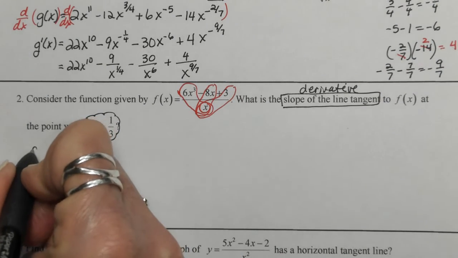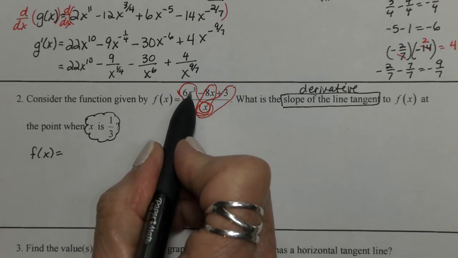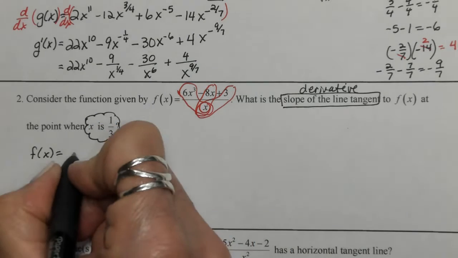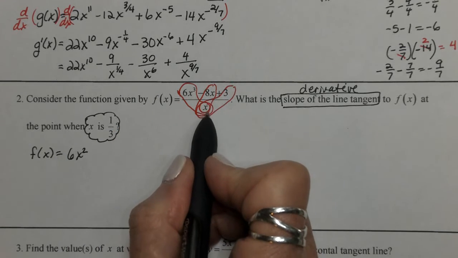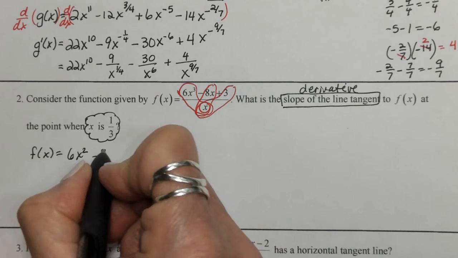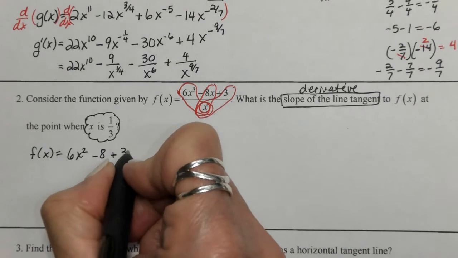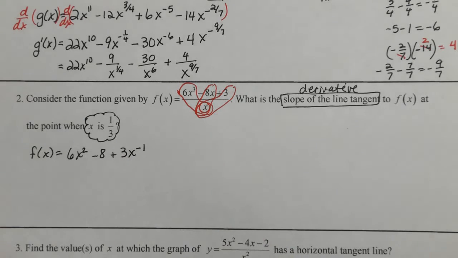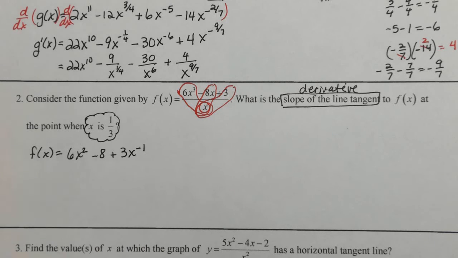So all I'm doing right now is rewriting f. 6x cubed divided by x is 6x squared. Negative 8x divided by x is negative 8. 3 divided by x is 3x to the negative 1. We want that to be in the form a number times x to a power. It has to be in that form before we can apply the power rule for derivatives.